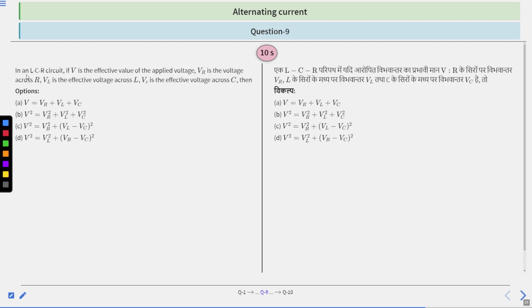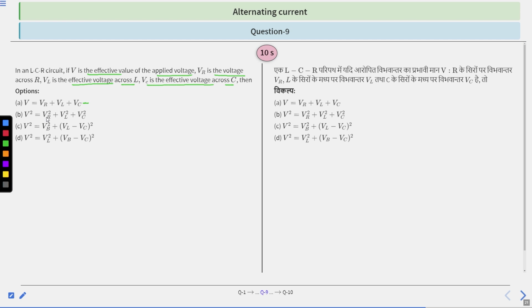Question is, in an LCR circuit, if V is the effective value of the applied voltage, VR is the voltage across R, VL is the effective voltage across L, VC is the effective voltage across C, then which option is correct? Option A, V equals VR plus VL plus VC.